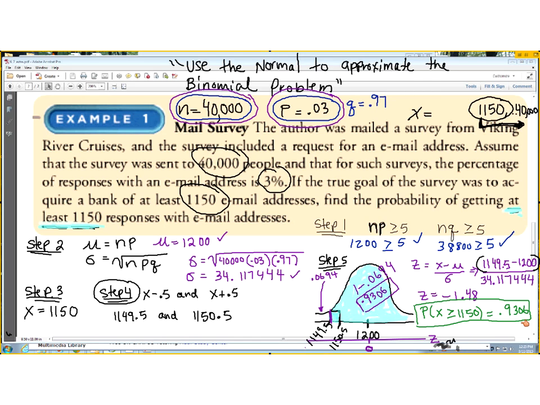If it didn't say to use the normal to approximate the binomial, how could you have solved this problem? That's what I'm going to do next. All right, so I'm looking for the window I just had up here. There we go.